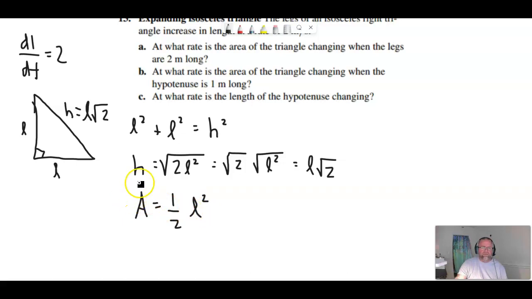Now, remember, we're looking for the rate of change of the area with respect to time. And we know the rate of change of the length of the legs with respect to time. So at this point, we can just take the derivative.